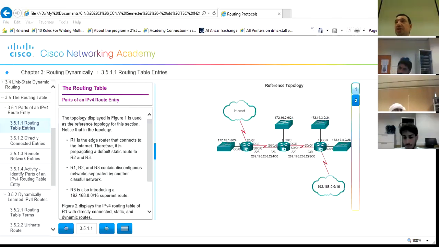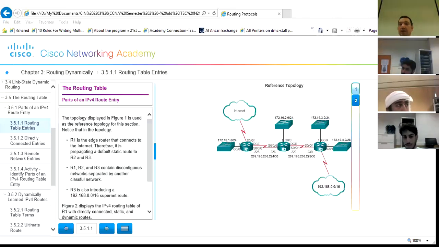The minute you start changing the subnet mask of one of them from /24 to /28 or /27, you have a problem. Why? Because classful routing protocols don't send the subnet mask information. They don't tell each other, hey, this network has a subnet mask of /24 or /27.